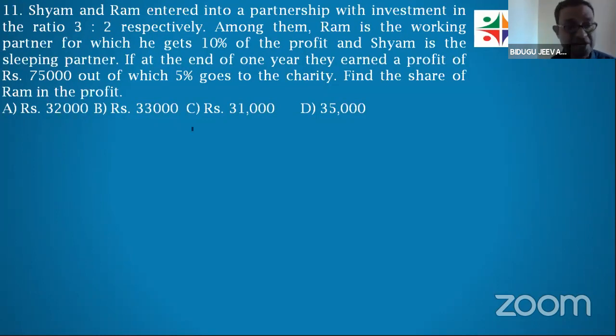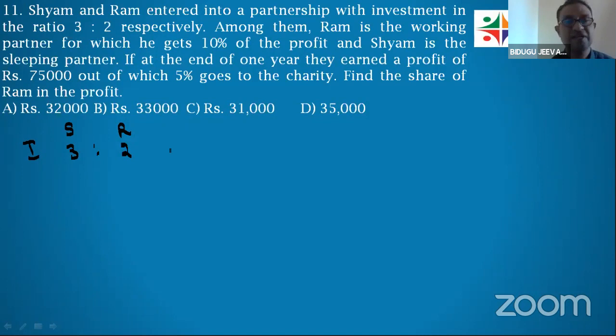Let me continue with the next one, the 11th one. Shyam and Ram. The question seems to be a larger one, almost 4 to 5 lines, but do not worry about this. Shyam and Ram entered into a partnership. The investment ratio is given as 3:2, so their investment amounts are not given clearly, but the ratio is.